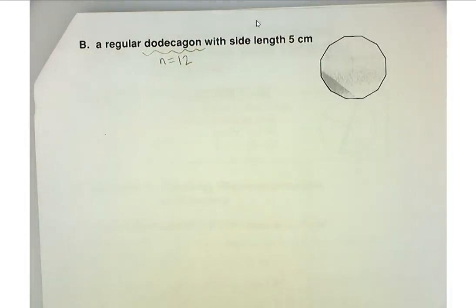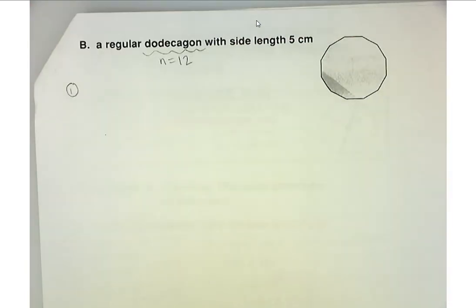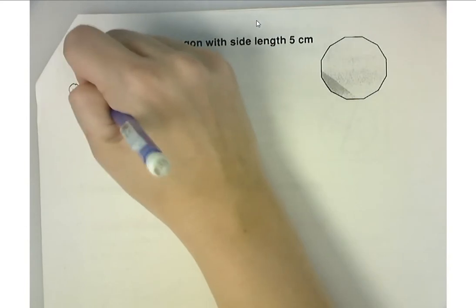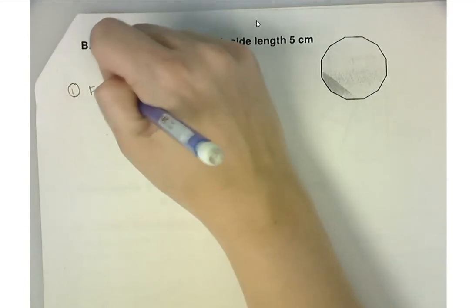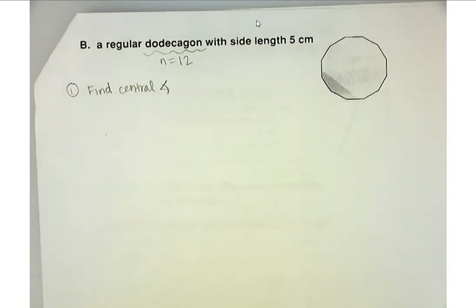Then Jared, what's our first step? What's the first step that we did last time? Yep, good. I'm going to give you guys a couple seconds to find that. Find the central angle. And if you've already done that, you can go on to step 2.